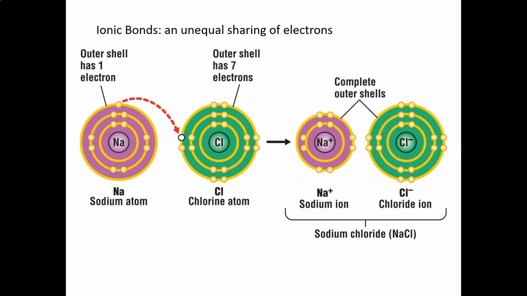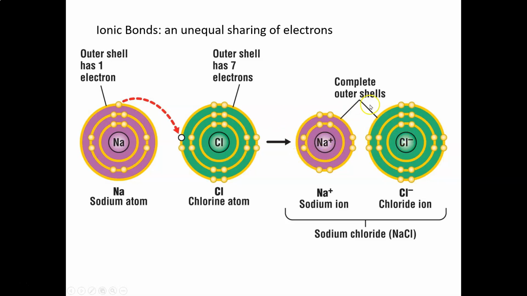Now, coming back to this whole idea of forming ions, students don't usually have a problem understanding what happens with chloride, because chloride gets a negatively charged electron, so now the whole molecule becomes negatively charged. But sometimes students have a problem with the sodium.